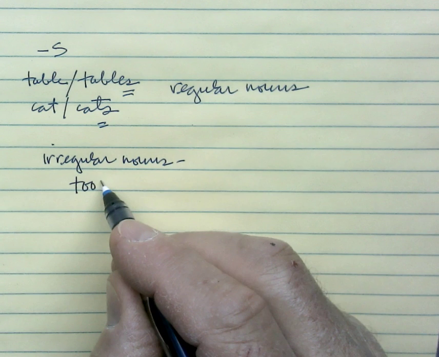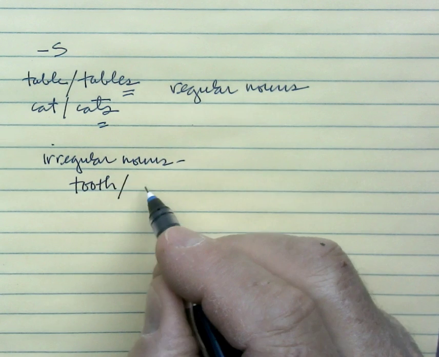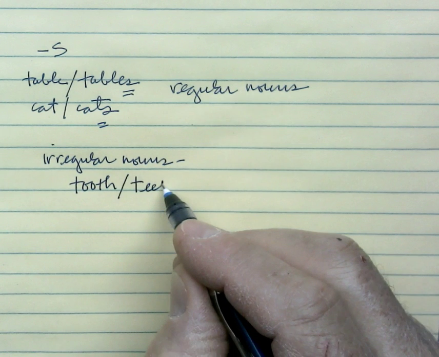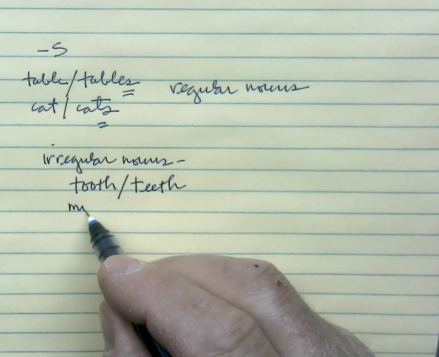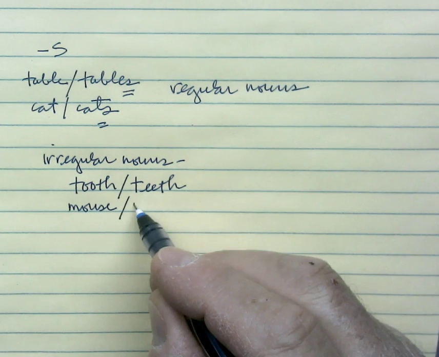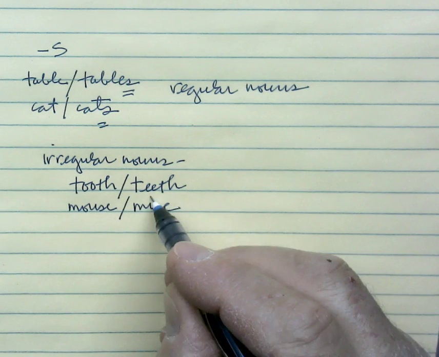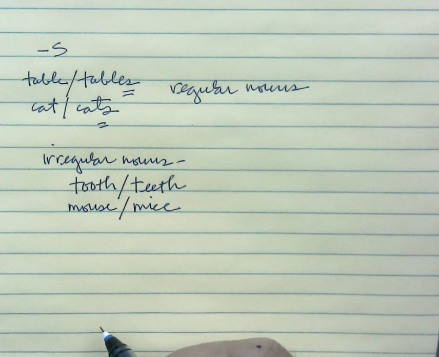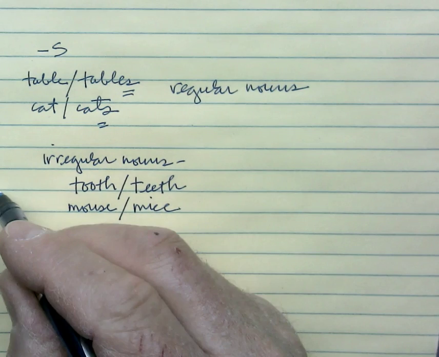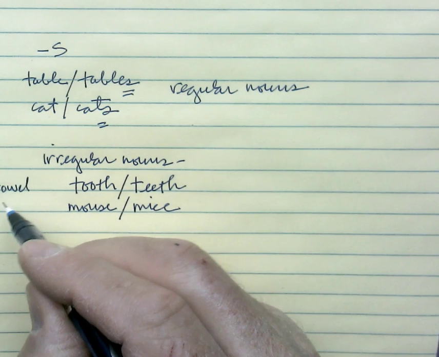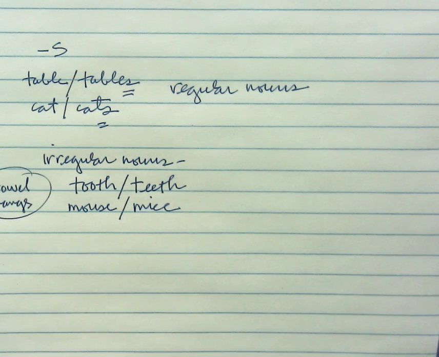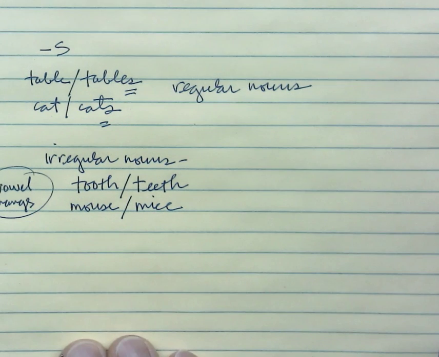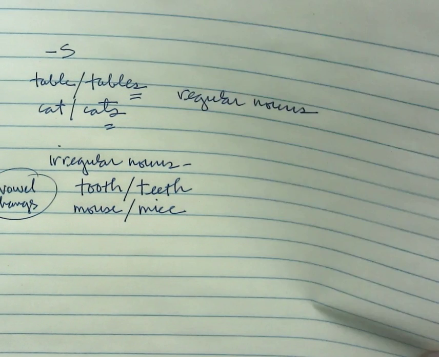So for example, you have 1 tooth, 2 teeth, 1 mouse, 2 mice. And these are vowel changes to make the plural. And that's why we call them irregular nouns.